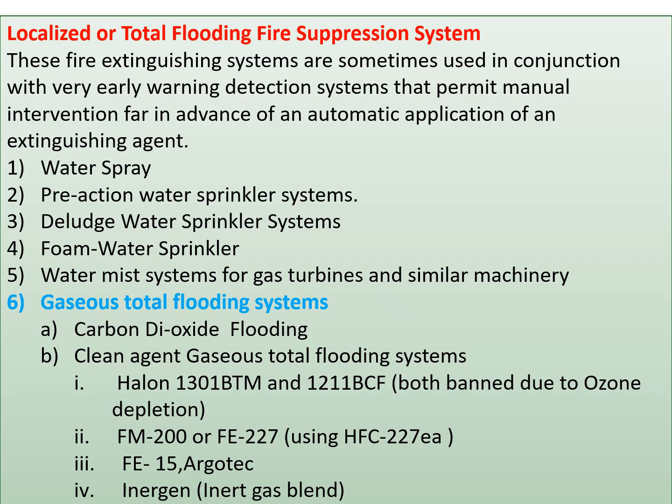The methods are: one, water spray; two, pre-action water sprinkler system; third, deluge water sprinkler system; fourth, foam water sprinkler system; and water mist system for gas turbines and similar machinery.